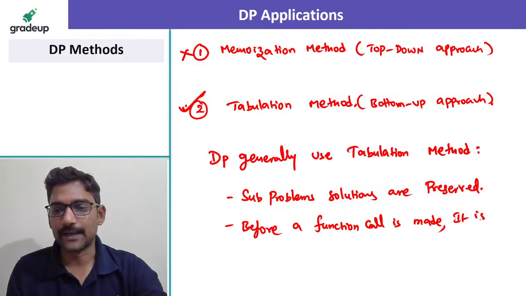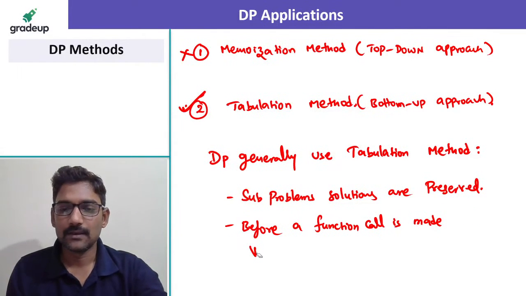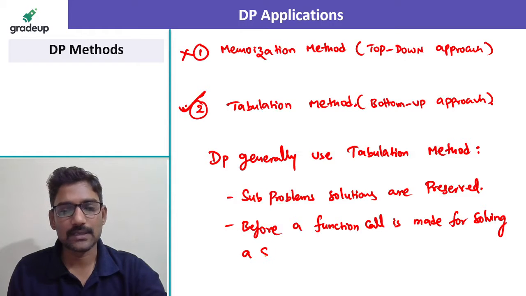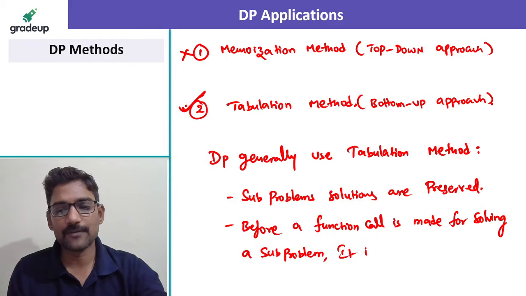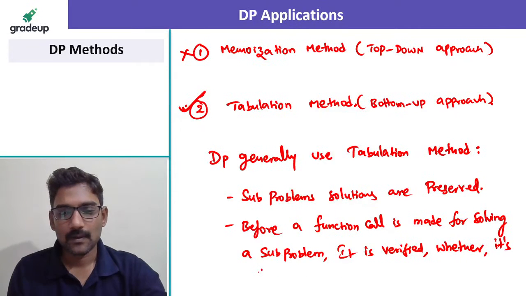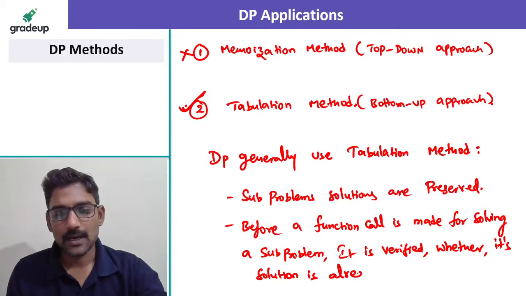Before any function call is made for solving some subproblem, it is verified whether its solution is already available or not.